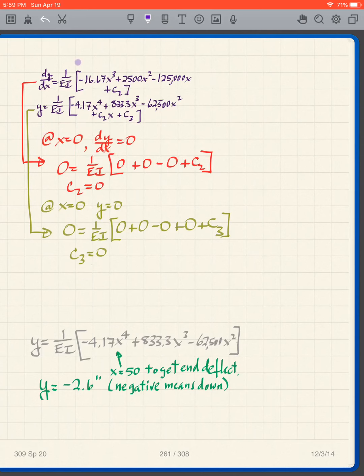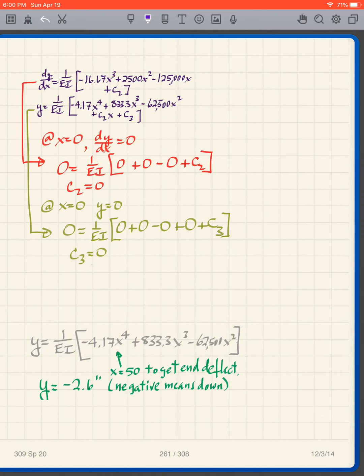So I use my dy/dx equation, come down here, set it to 0, and put in x equals 0. So I get that 0 is equal to 1 over EI, don't forget that, times 0 plus 0 minus 0 plus C2, and I solve for C2, and I get that C2 is 0.